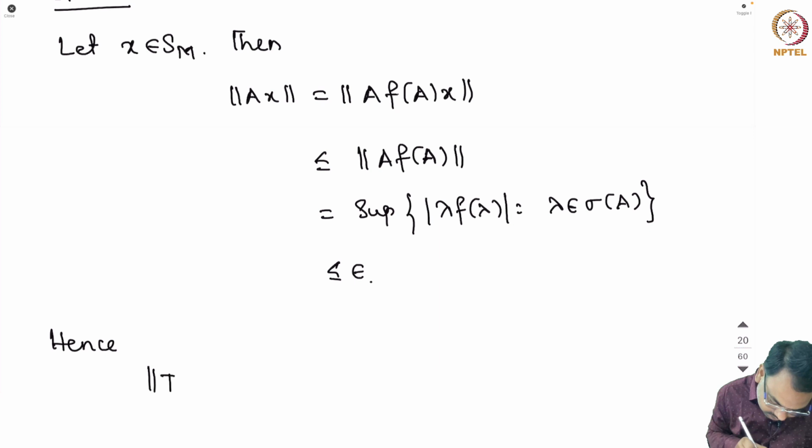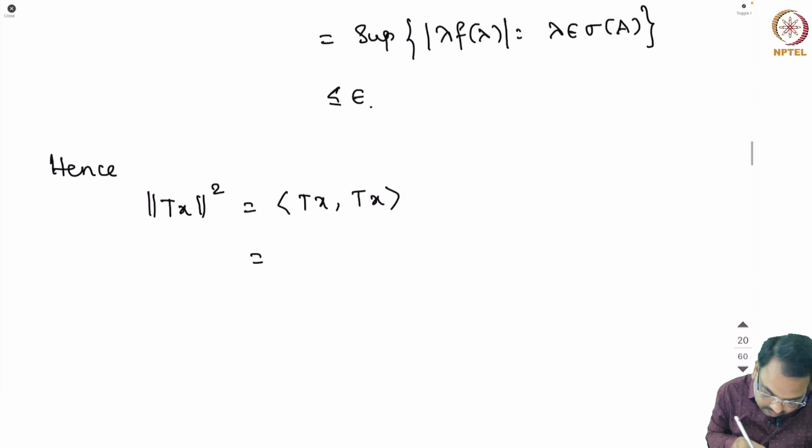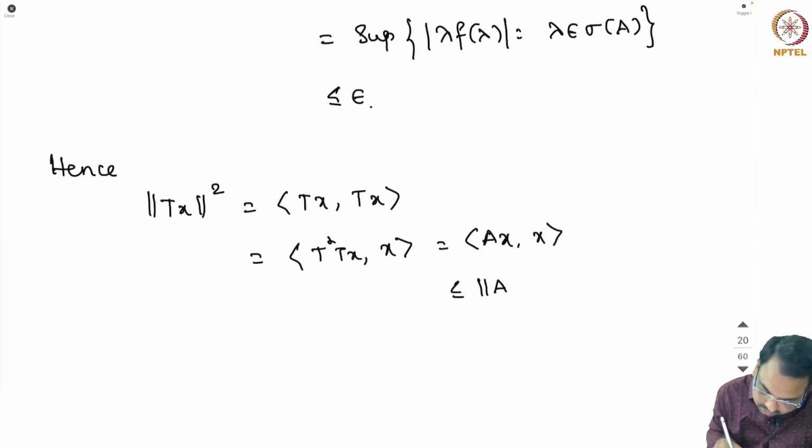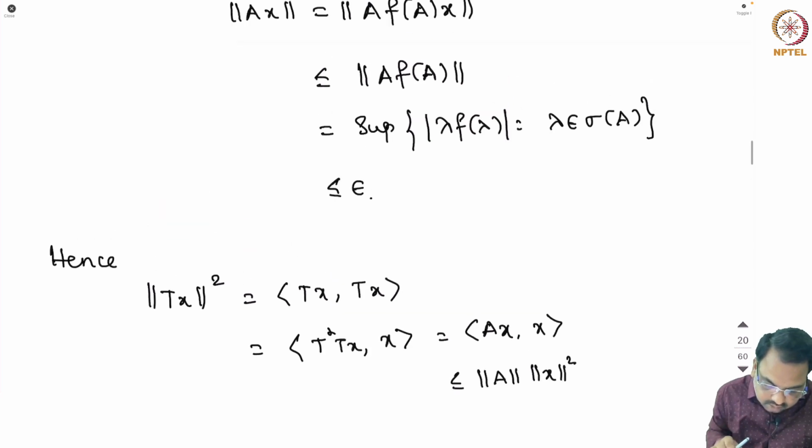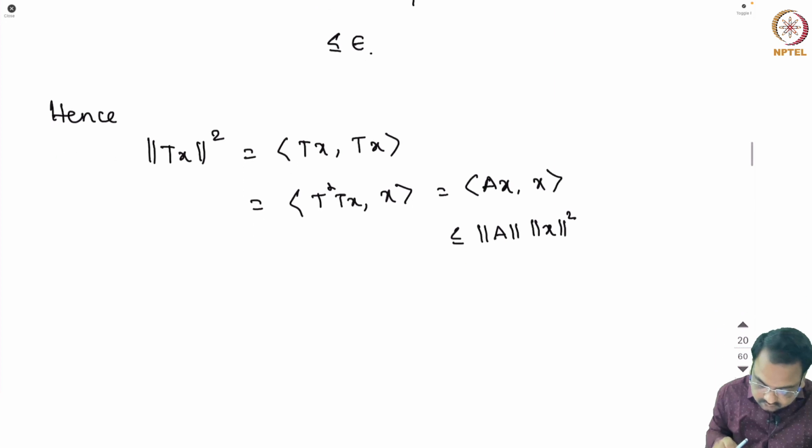Okay. So, hence we can have norm T x square, because we want to look at T restricted to M, norm of that. This is nothing but inner product Tx with Tx. So, this is T star Tx inner product with x. This is Ax, and again this is less than or equal to norm A into norm x square. But we know that norm A is less than or equal to epsilon.